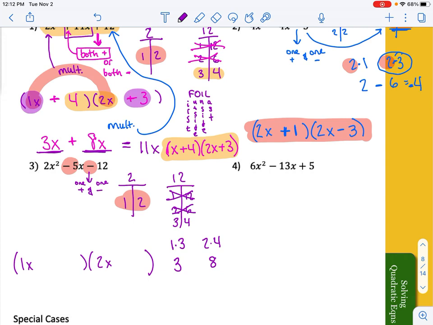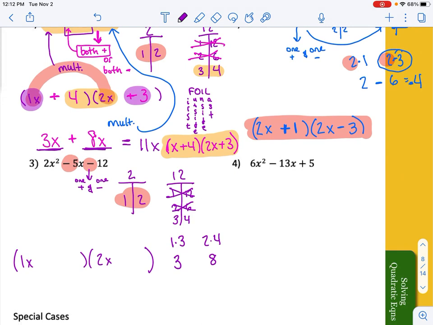Now this can get me to 5. So let's try it out. Because I have 1 times 3 here, they have to be in separate parentheses.